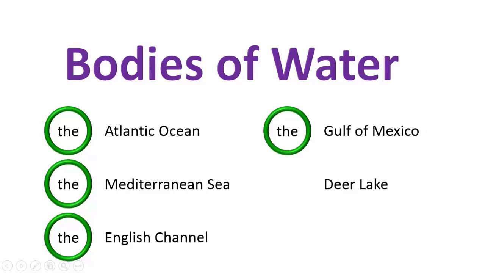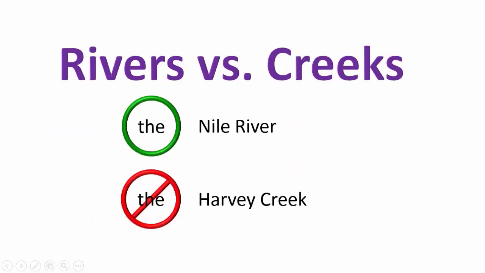It's a lake. Lakes don't use "the." So here is just one rule with bodies of water. Most bodies of water use "the," but lakes don't use "the." Let's go on to another one. Rivers versus creeks. A river is very wide and a creek is very small. Okay, so a creek is like a small river. The Nile River, you always use "the." But a small creek, Harvey Creek, no "the."